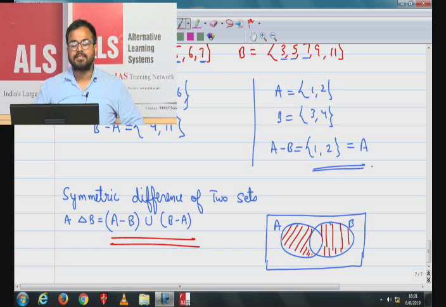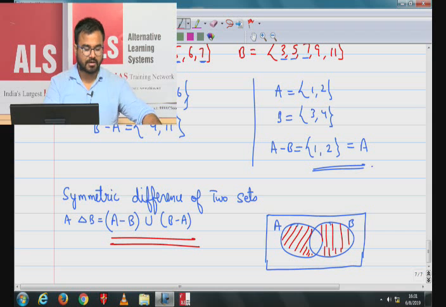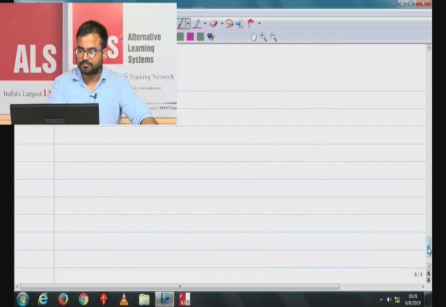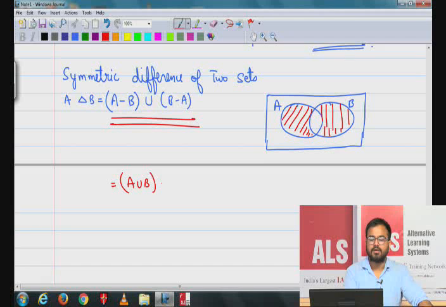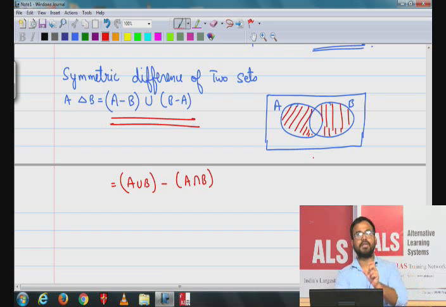Or if we want to represent this in another way, this shaded region can also be said as from the total we are subtracting the common region. We can also write it like this: A union B minus A intersection B. Since we are subtracting the intersection region, that will also give us the other two regions, which is the same as the symmetric difference.